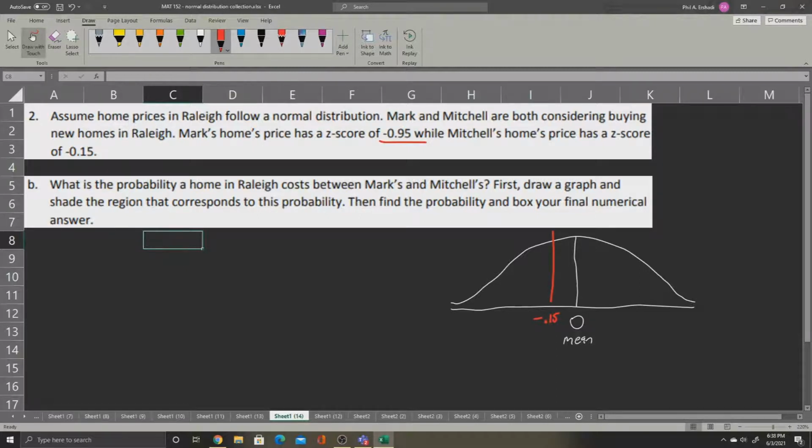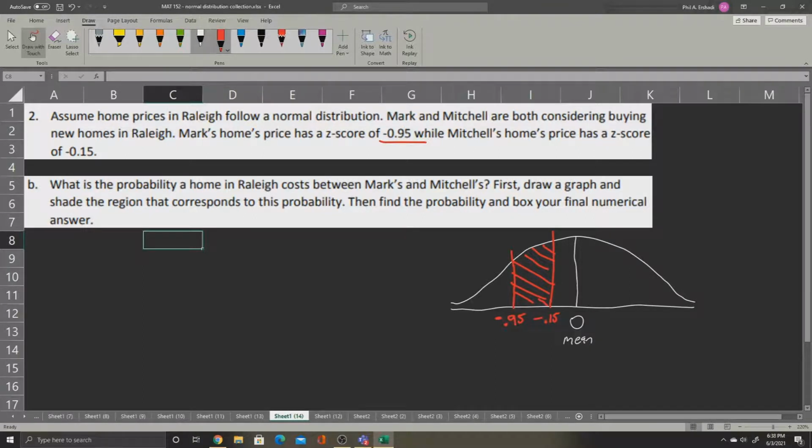That should be to the left of negative 0.15. Because it's more negative, we'll treat it as less. Then we'll find the probability of being between those two marks. So our picture looks like this.